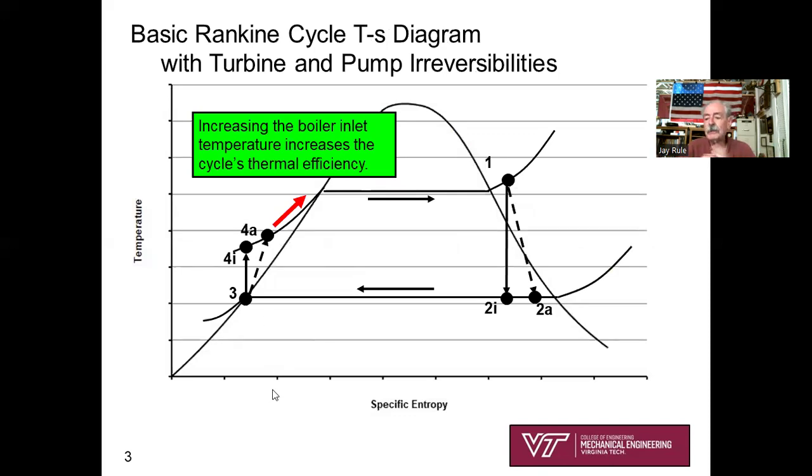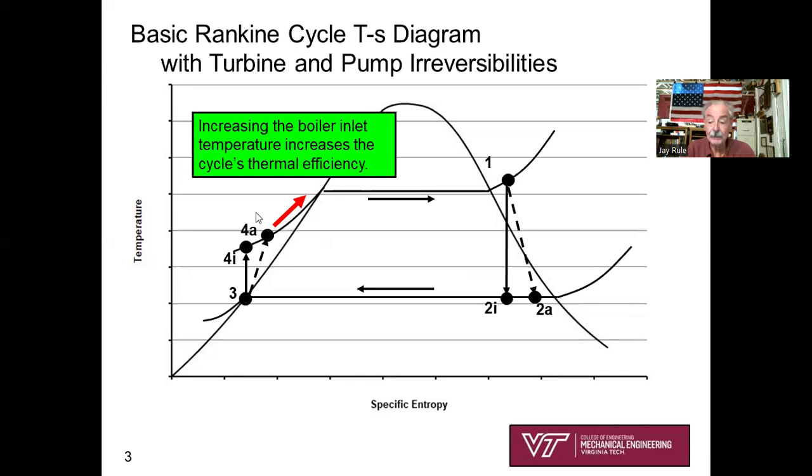So why would we do this? Why would we add a feedwater heater in the line? If you study this temperature-entropy diagram, you'll see that by raising state 4 going into the steam generator, you're reducing the irreversibility of the boiler, where it transfers heat across a finite delta T. You can see that the irreversibility rate is the highest early in the boiler, early in this process, where you're putting in compressed liquid that's well below the boiling point at the pressure of the boiler.